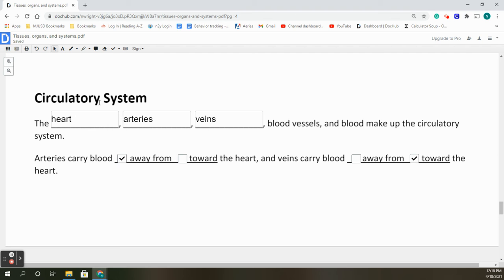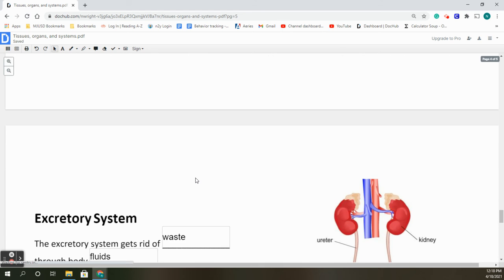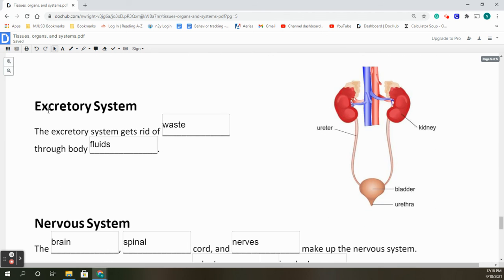The circulatory system. The heart, arteries, veins, blood vessels, and blood make up the circulatory system. Arteries carry the blood away from the heart. The veins carry blood toward the heart. Excretory system. The excretory system gets rid of waste through bodily fluids.